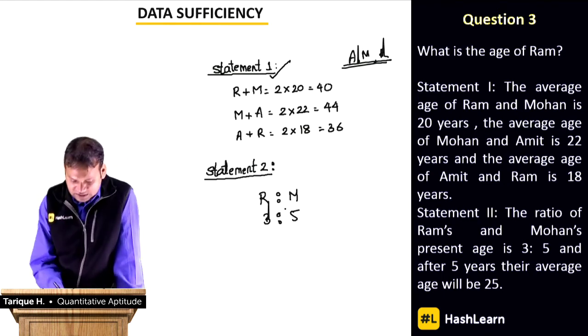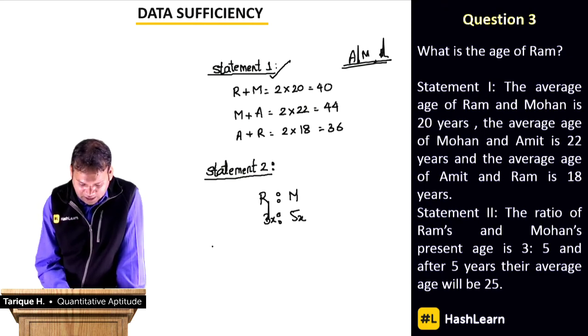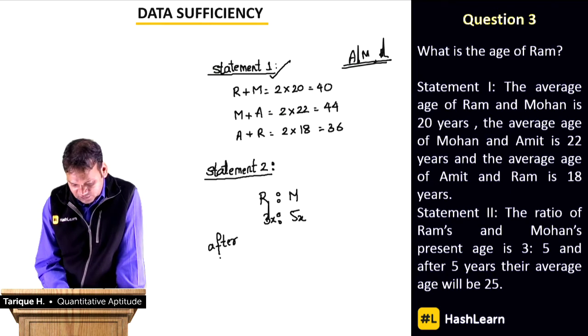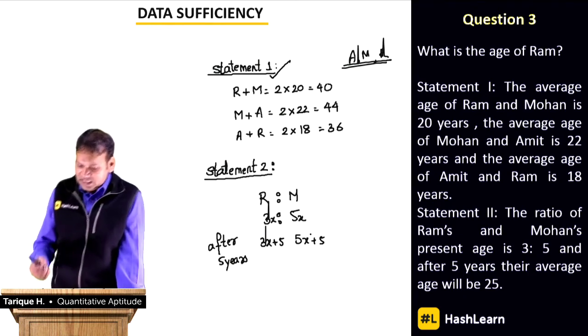So let's say this is 3x and 5x. And after 5 years, if Ram's age is 3x right now, after 5 years it will be 3x plus 5. And Mohan's age right now is 5x, after 5 years it will be 5x plus 5. Now the average age is 25.